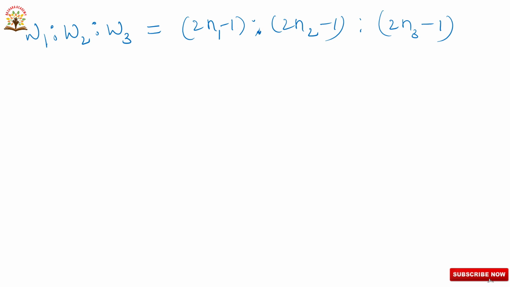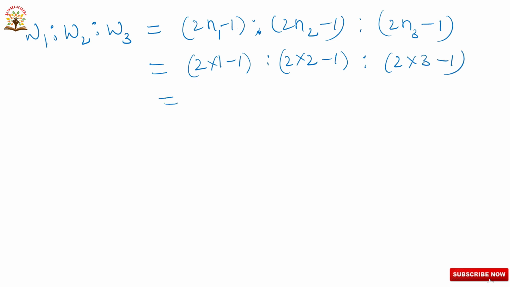Here we have the first second, second second and third second. So that is equal to 2 into 1 minus 1 is to 2 into 2 minus 1 is to 2 into 3 minus 1. 2 ones are 2, minus 1; 2 twos are 4, minus 1; 2 threes are 6, minus 1.